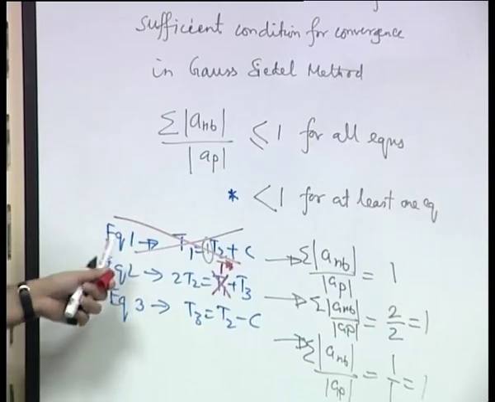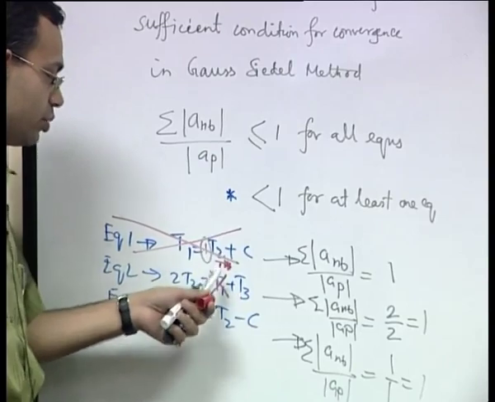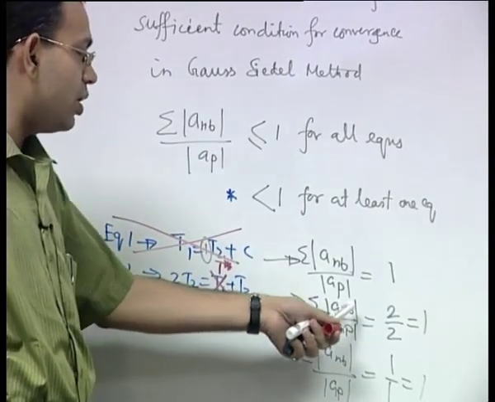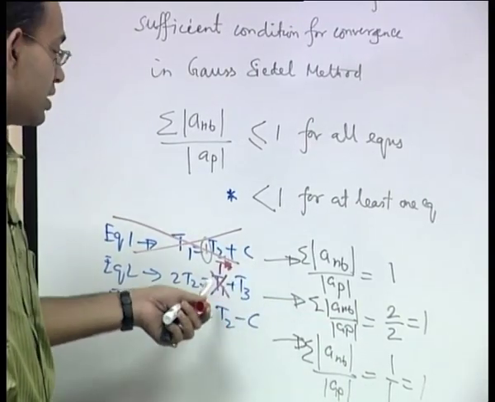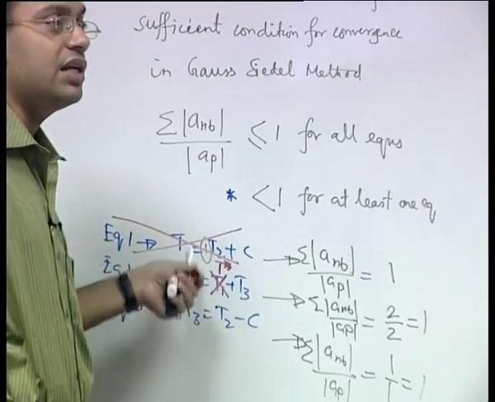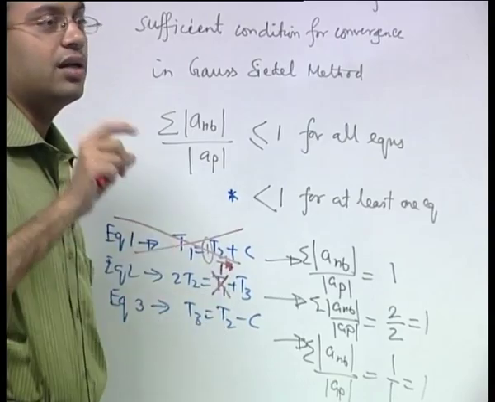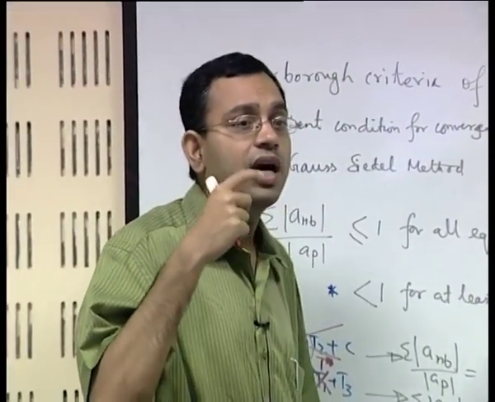So what now gets modified is equation 2 which is the new equation 1, what is now sigma of mod of ANB by AP, it is 1 by 2, because now T1 does no more represent a neighbor, in the sense that a neighbor is represented conceptually by something which is an unknown.